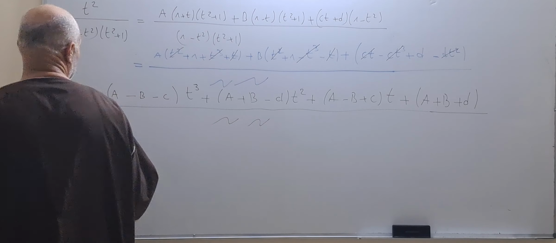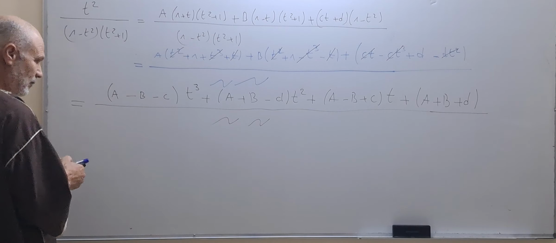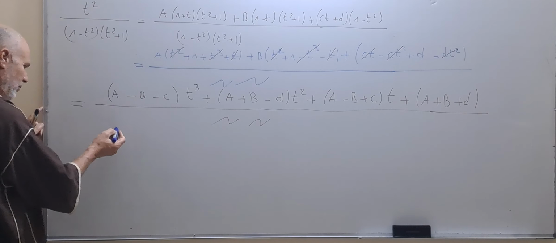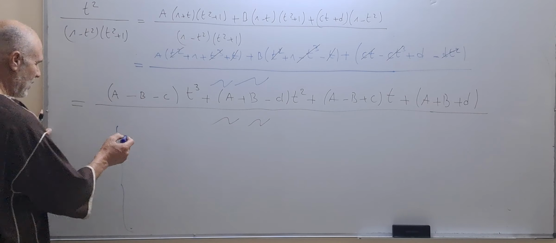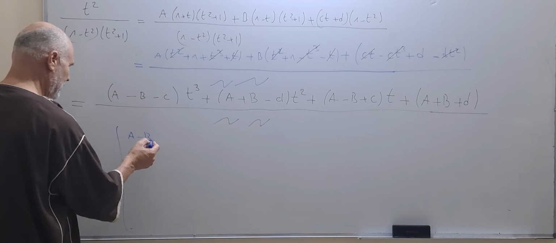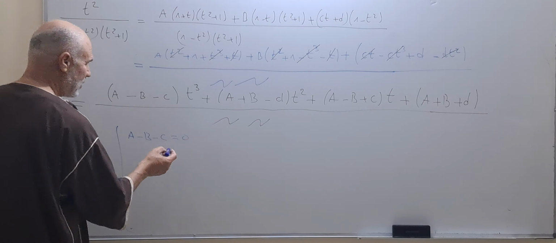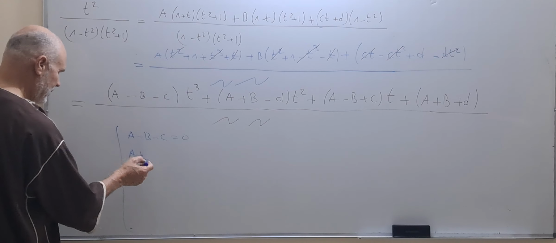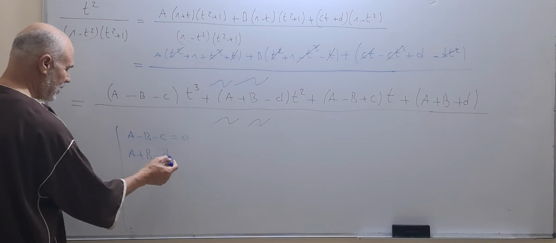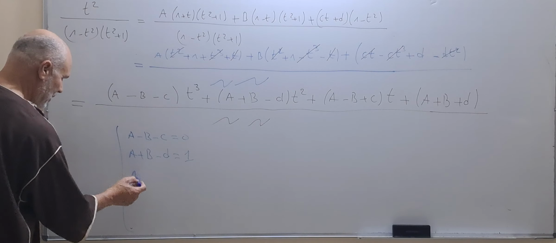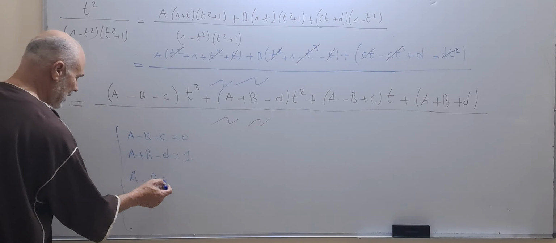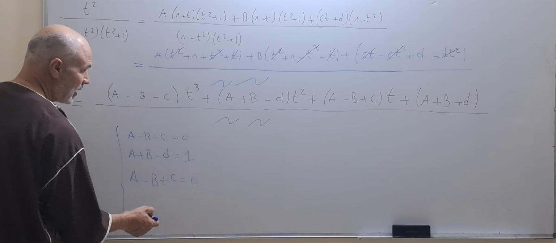From this we get the following linear system. A minus b minus c equal 0. A plus b minus d equal 1. A minus b plus c equal 0.